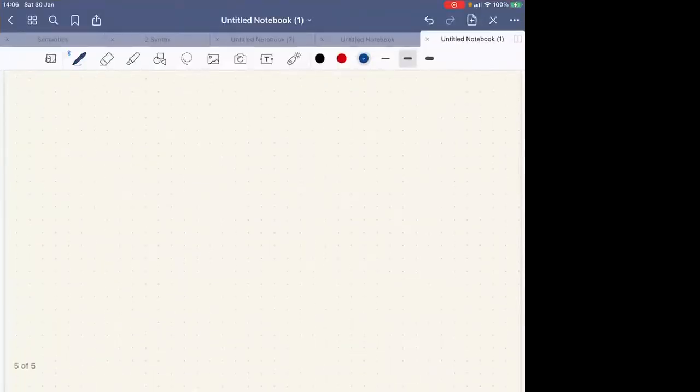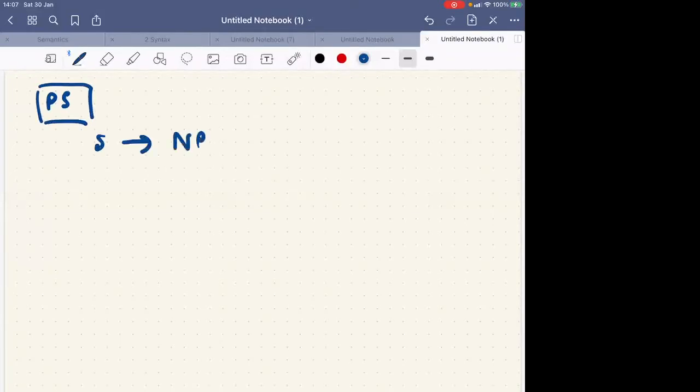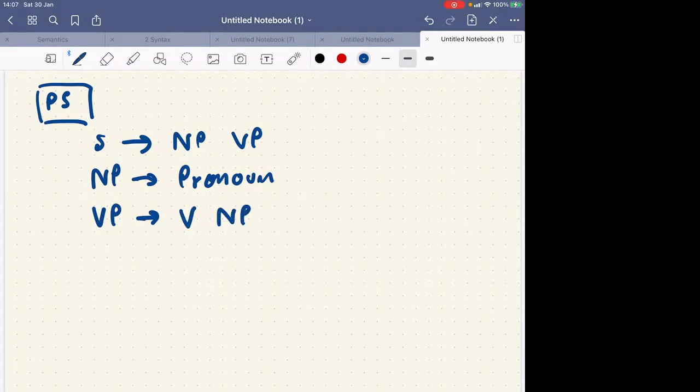So from the PS rule, we got something like sentence consists of NP and VP. The NP could be something like a pronoun, and the VP could be something like a V and an NP. There are actually a lot more PS rules that we have talked about, but I'm just going to use these three rules for the moment.